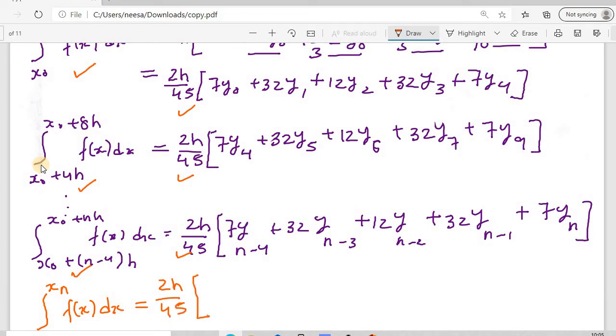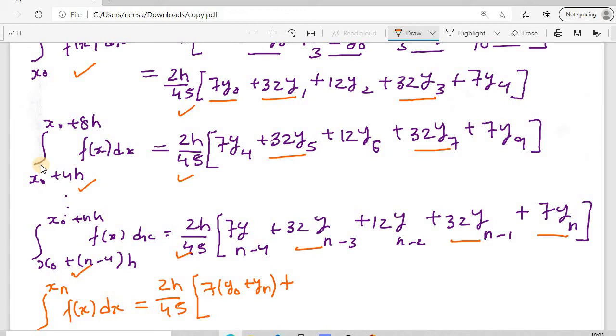And now we can see this 7y0 is coming once in all these formulas, and this 7yn is coming once. So we'll keep them into one group. This will be 7 times (y0 plus yn). And now we can see this is 32y1, 32y3, 32y5, 32y7 till 32yn minus 3 and 32yn minus 1.